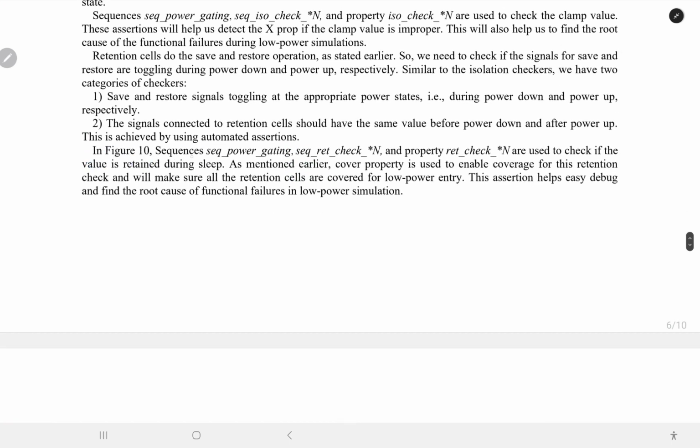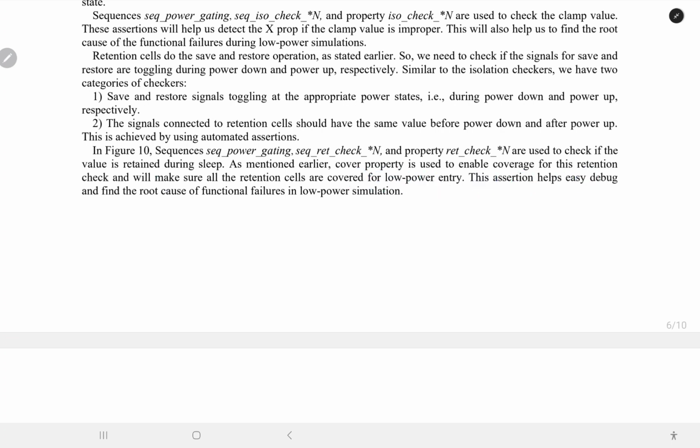In figure 10, sequence power gating, the sequence LT checkers and the property LT under retention check are used to check if their value is retained during the sleep. As I mentioned earlier, the cover property is used to enable coverage for this retention check and will make sure that all retention cells are covered for low power entry.